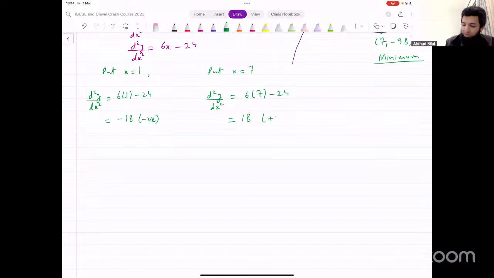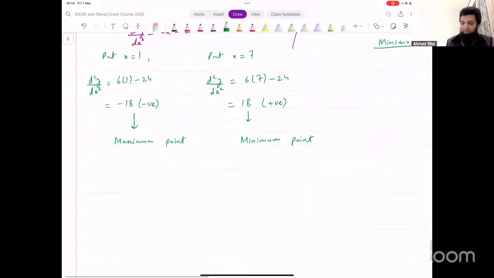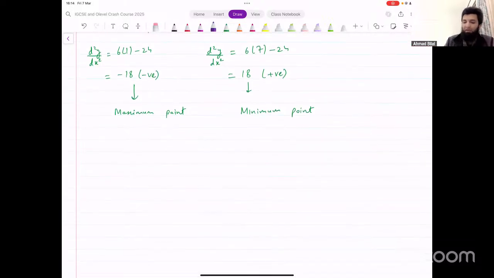This is a positive number. Minus 18 is negative, 18 is positive. When the second derivative is negative, you have a maximum point. When the second derivative is positive, you have a minimum point. That's the general rule that we have.